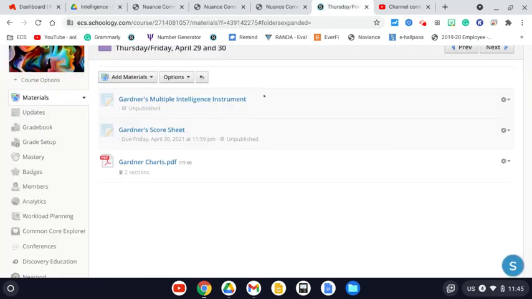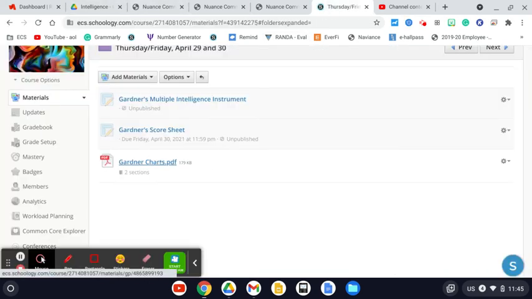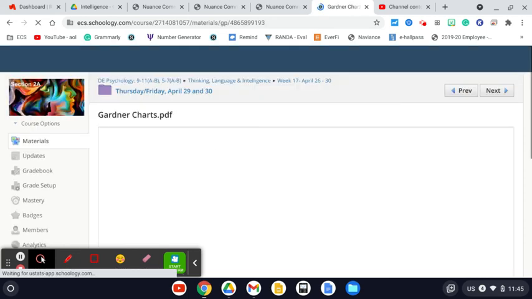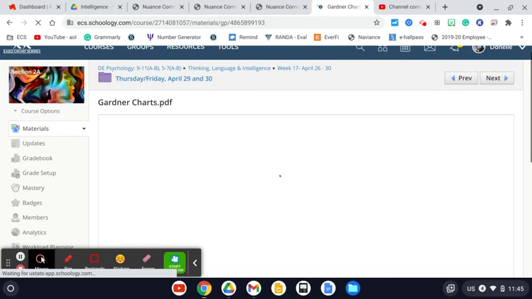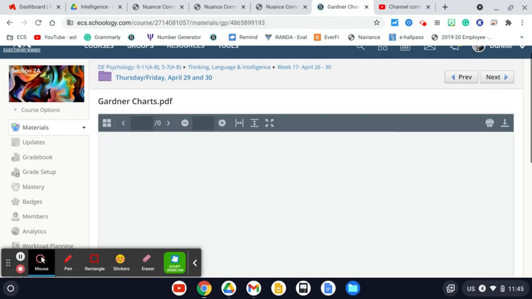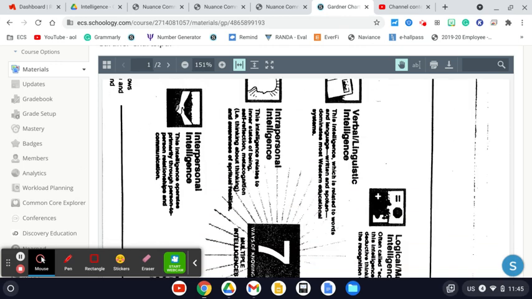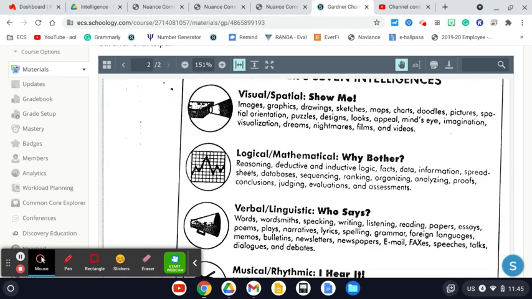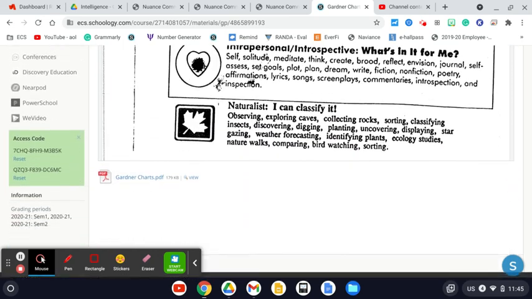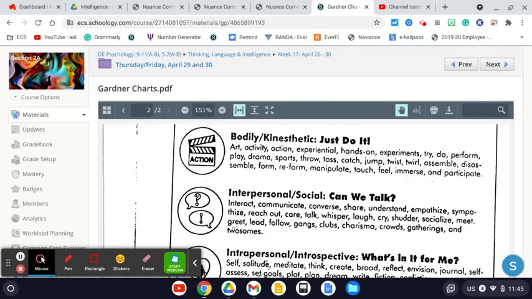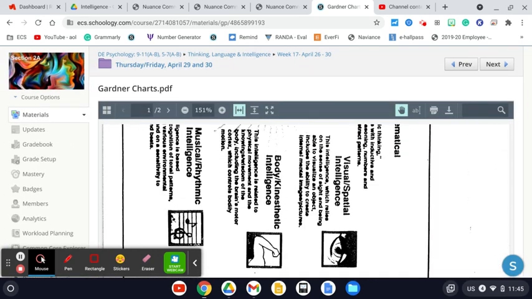Once you've done your primary and secondary intelligence, you can go to these charts here that has the PDF. And what you can do is just investigate your various intelligences and what they say about you. So, for instance, there's that chart there. You can download it so you can see it a little better. You can just look at what those descriptions are.